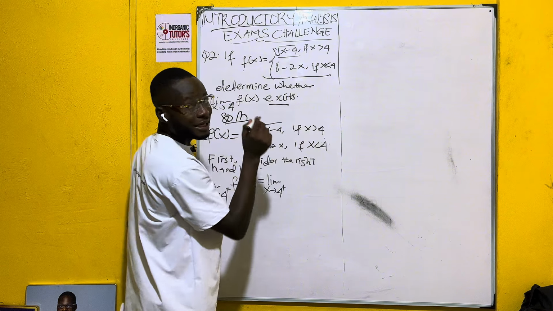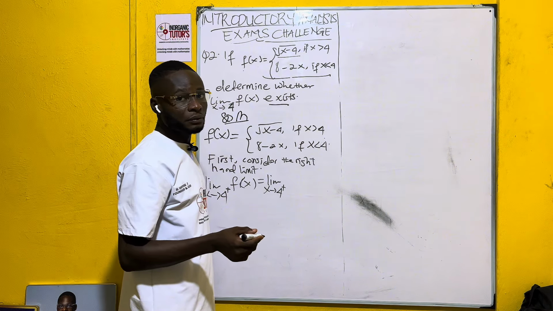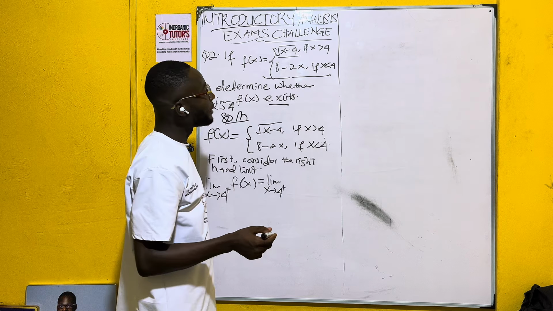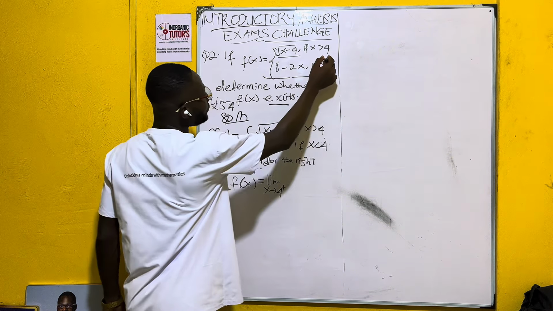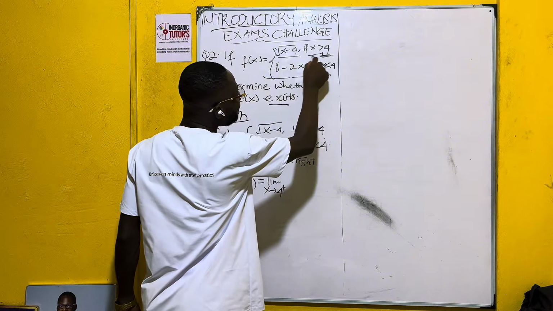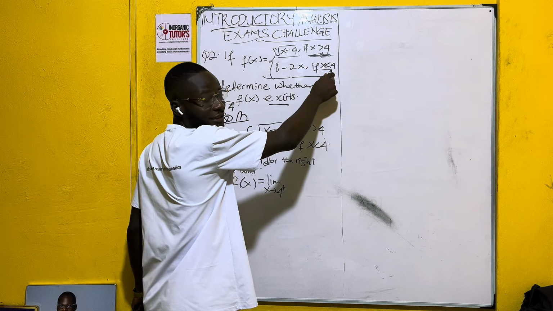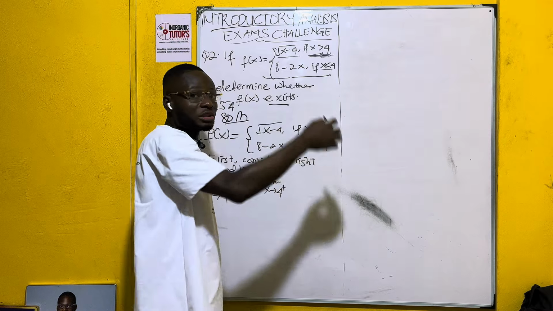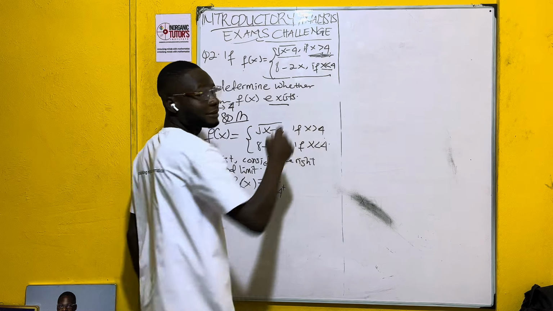So from the right-hand side, it must be greater than 0, strictly positive. So you see, we have x greater than 4, and we have x less than 4. So if you are considering the right-hand side, then it must take the greater than sign, right?